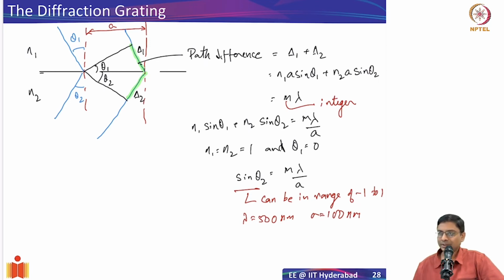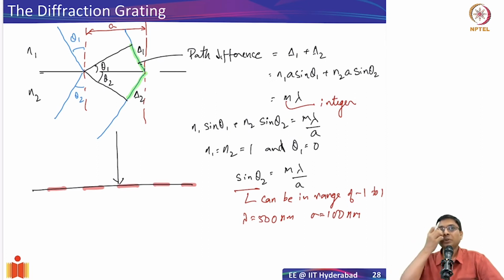So what happens is, if I think of this as a diffraction grating, and let's say my grating is of this form, I'm collapsing all of that into one single line. So essentially you have transmitting and not transmitting regions. Let me say my light is incident in the normal direction here. So of course, for m equal to 0, light is going to go down directly. That is what we call the 0th order.